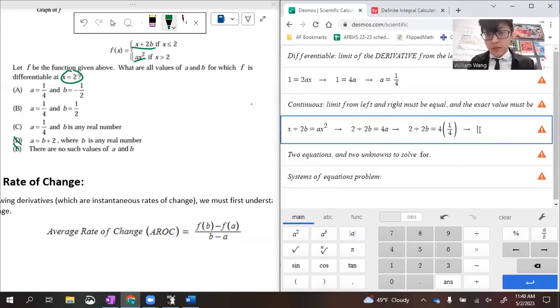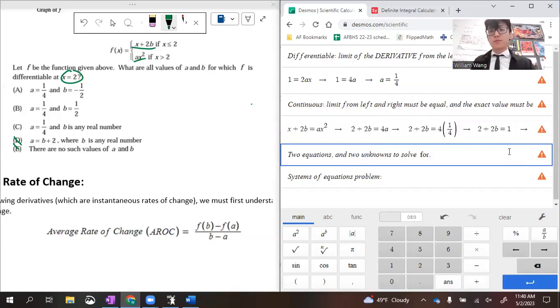Okay, so 2 plus 2b is equal to 4 times 1/4 is going to be 1. 2b is not 1/2. 2b is -1. And that means b is equal to -1/2.